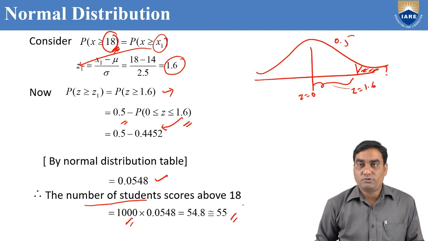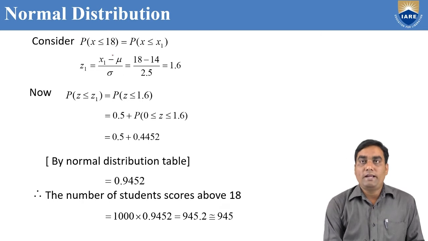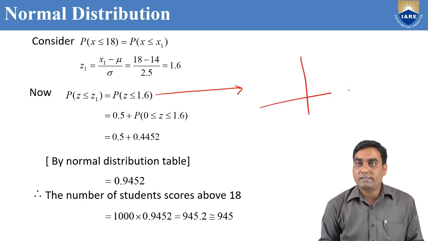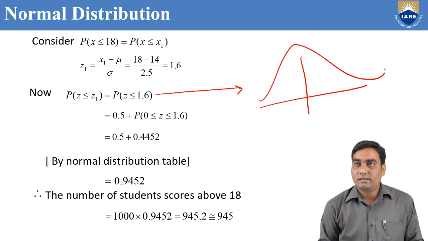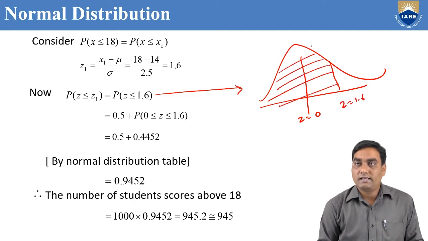We'll get 55 students. Below 18, same, instead of greater than or equal, we can replace with less than or equal to. Here, z less than or equal to 1.6 means, on this normal distribution curve, this is z equal to 1.6, and less than means this side.